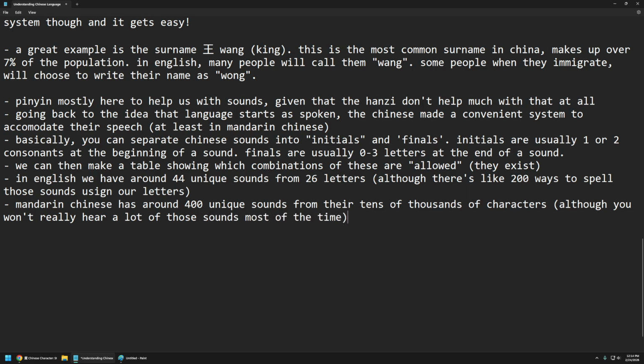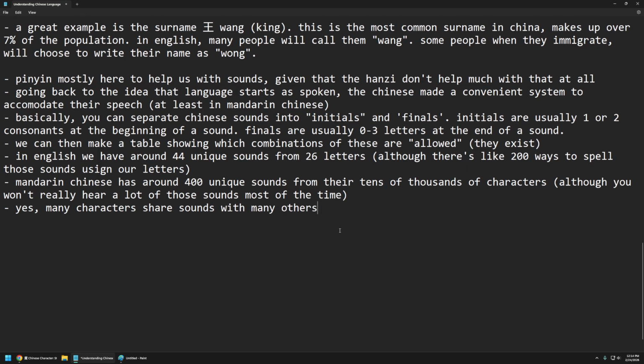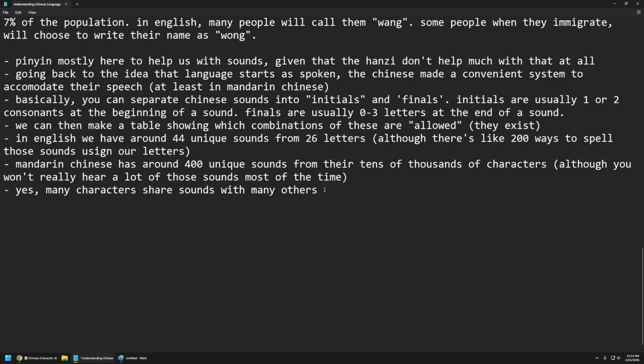A lot of them are not common. Especially as a beginner, you may never even hear them. So you may understand that if there's only 400 sounds and tens of thousands of characters, many characters share sounds with many others. So there's a lot of homophones.